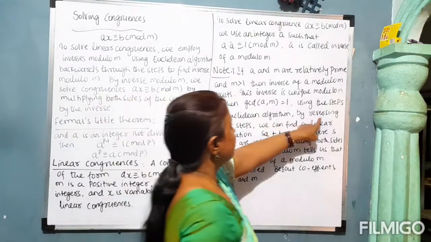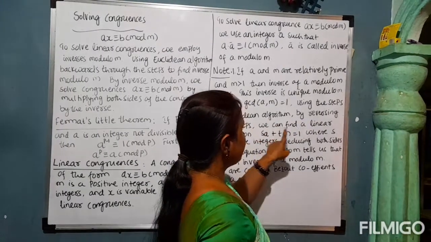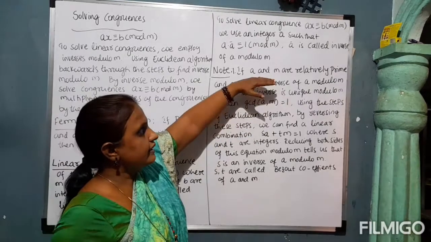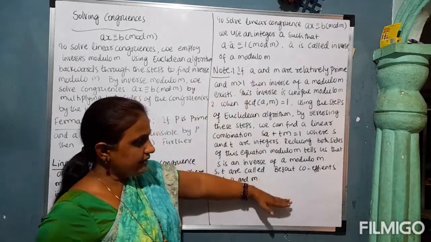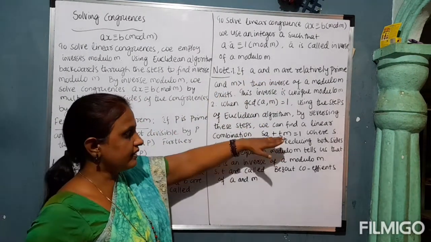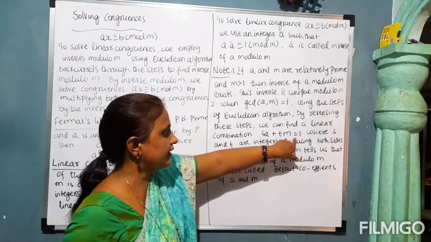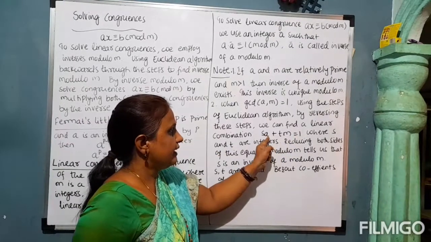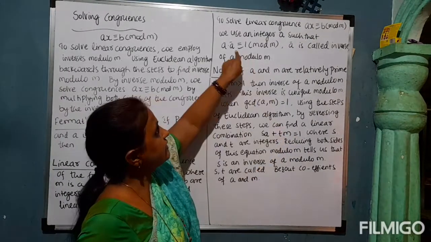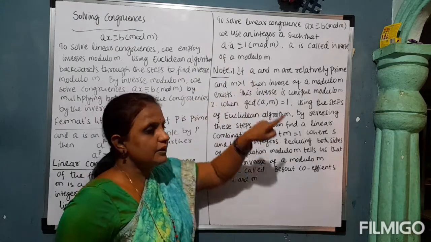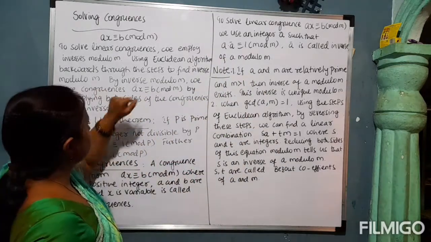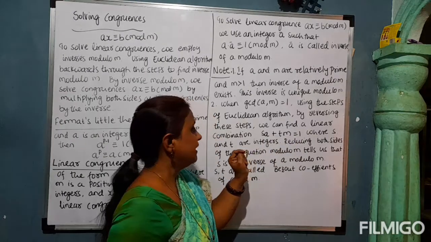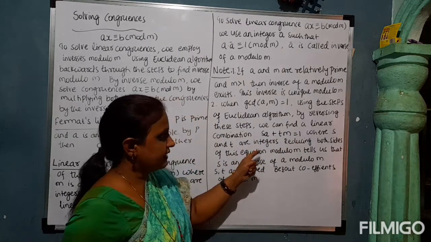Reversing these steps, we can find a linear combination. Starting with the given a value and ending with 1, if we go in reverse order we come across a linear combination sa plus tm equal to 1, where a and m are from the congruence ax congruent to b mod m, and s and t are integers.